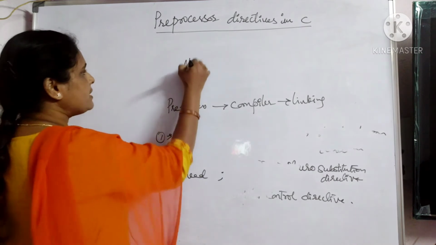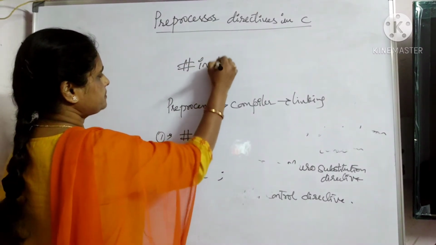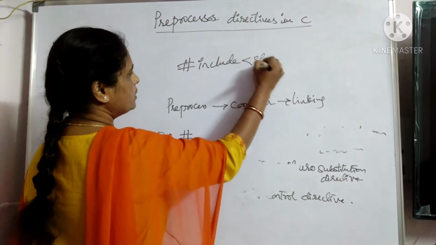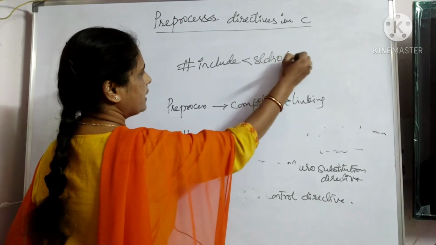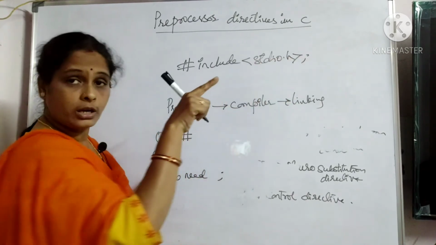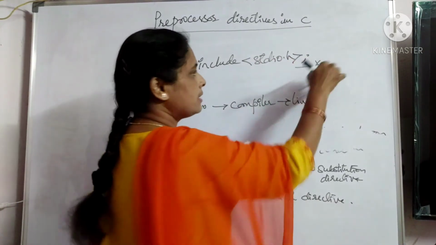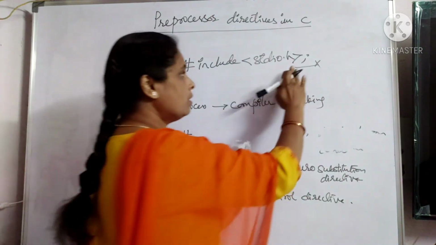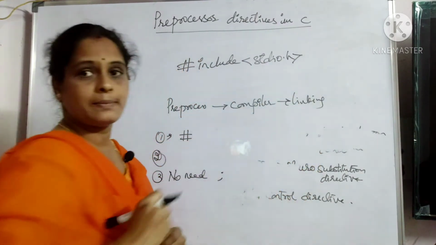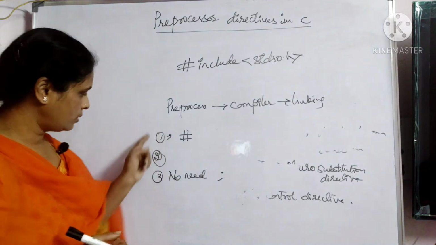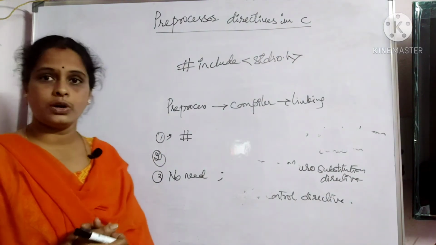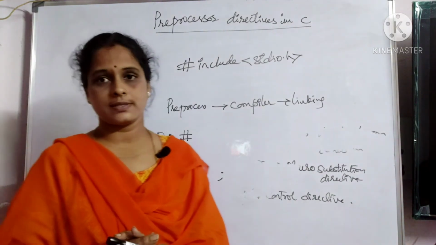For example, we never write #include stdio.h with a semicolon, never. So these are the three things we need to follow while writing preprocessor directives.